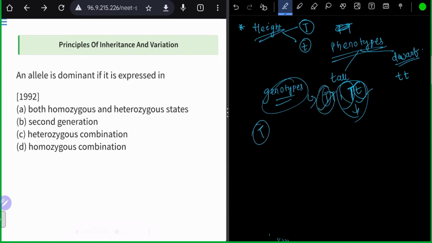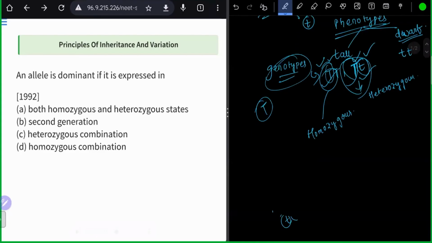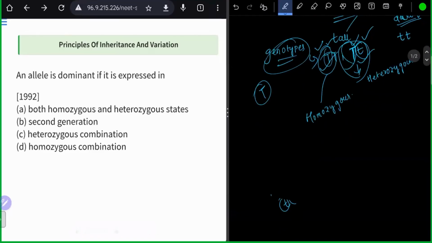It is expressed in the homozygous condition, where two alleles are identical, or in the heterozygous condition, where the alleles are different, right? So the first option, both homozygous and heterozygous state, is correct.